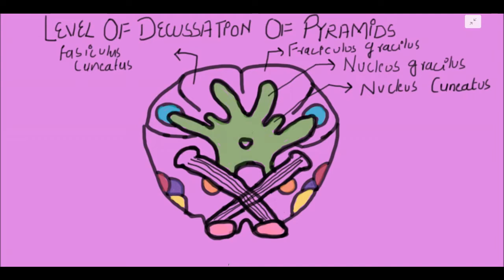After that we have another structure. Like in the spinal cord, we have the posterior horn. When we move up towards the medulla oblongata, that posterior horn is converted into the spinal nucleus and spinal tract of the trigeminal nerve. We can mark it here like this, and this.